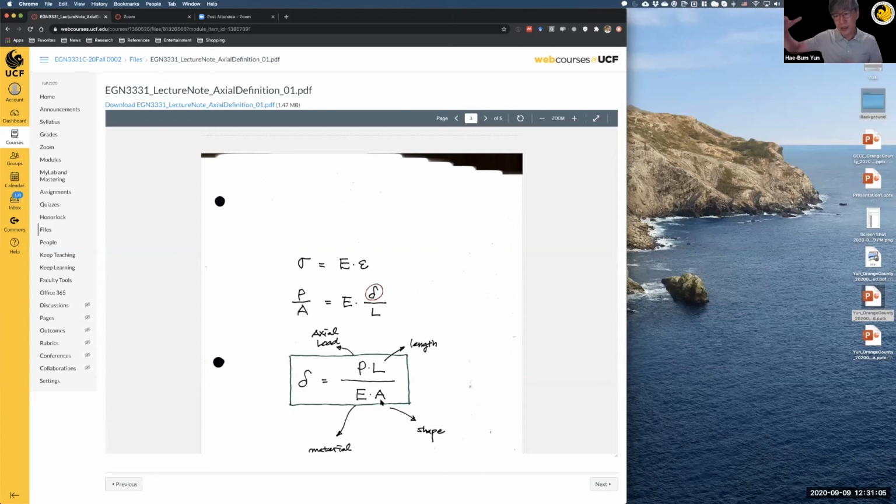If we have a big cross-section area, then we have a small elongation. If we have a large force, definitely the elongation is proportional to that. And if you think about a short bar and a very long bar, and you apply the same force, the longer bar will elongate more. This is what this formula says. Any question up to this point?